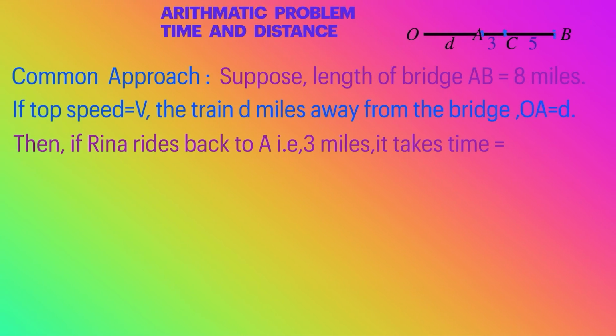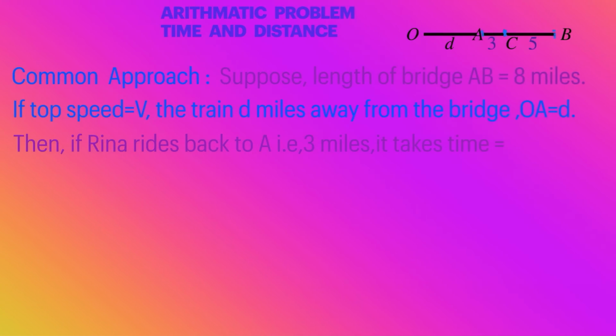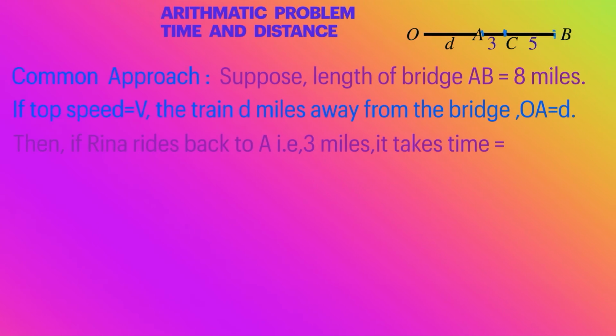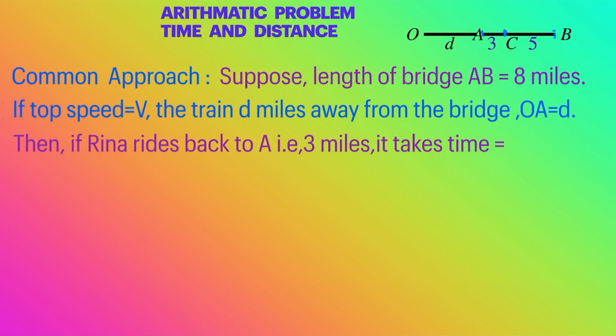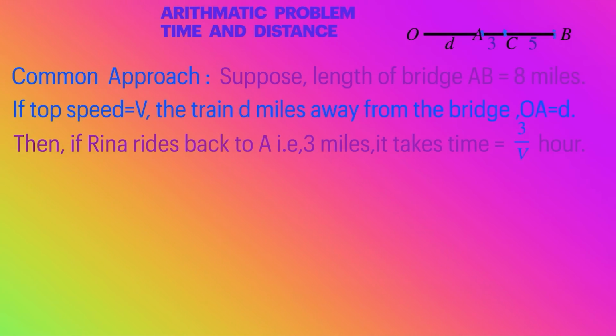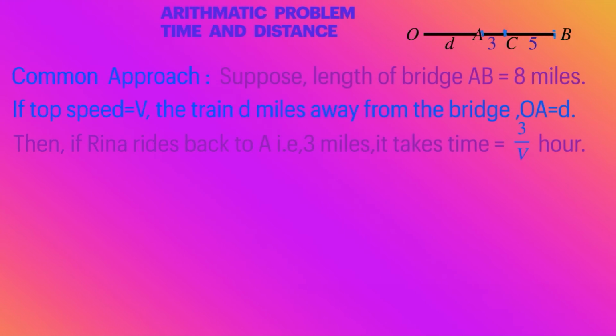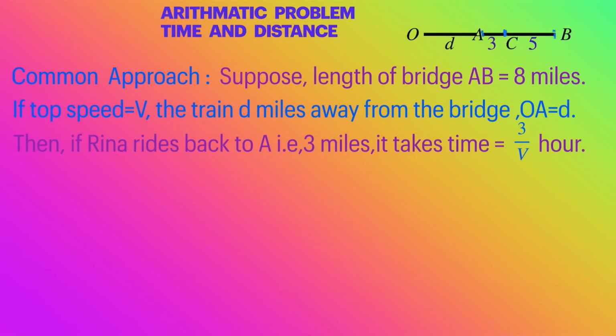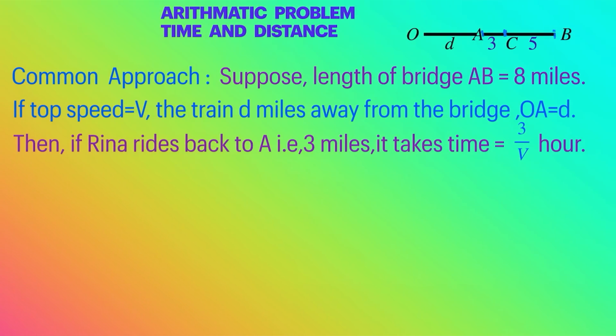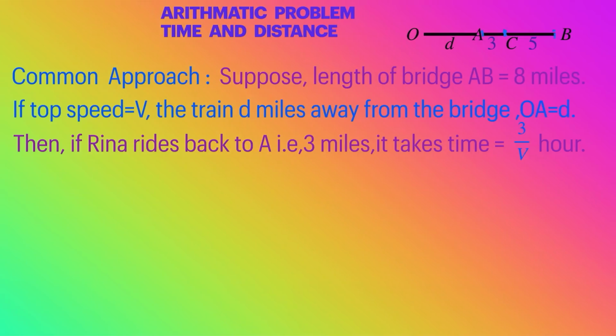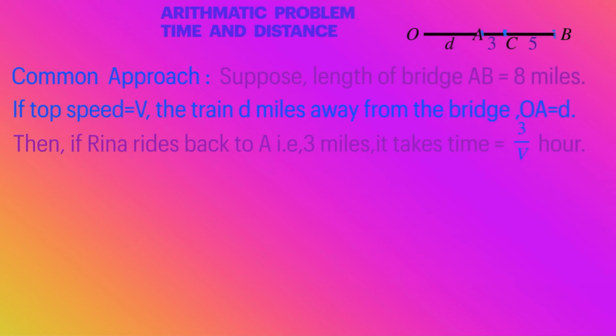We know time equals distance divided by velocity, so Rina takes 3 by V hours to travel 3 miles, because we have assumed that Rina's speed equals V.